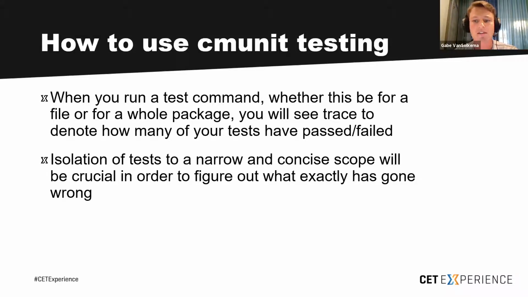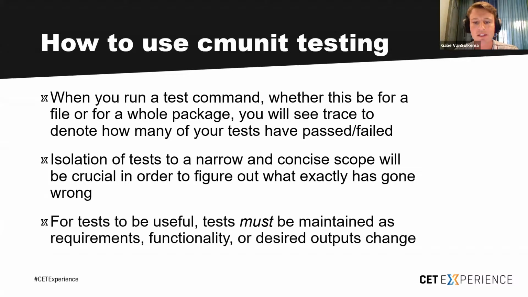And if I don't get it, then I know exactly what's gone wrong, as opposed to cramming a bunch of functionality in one test, and then at the very end testing to see if your state is right, but then not knowing where along that functionality your state got into a poor state. So it's important to really isolate your tests and make sure they're concise in their scope.